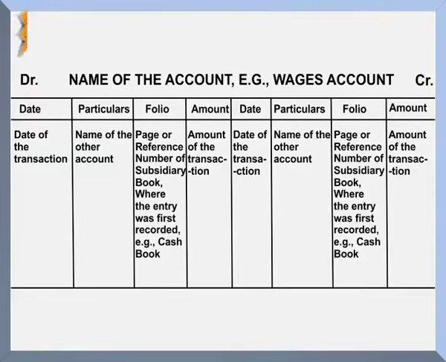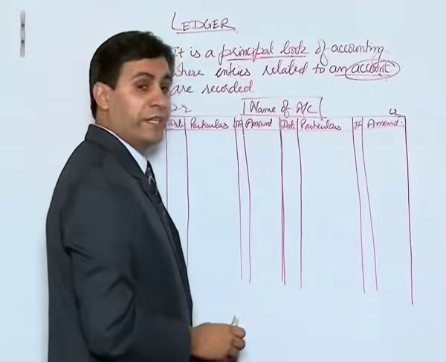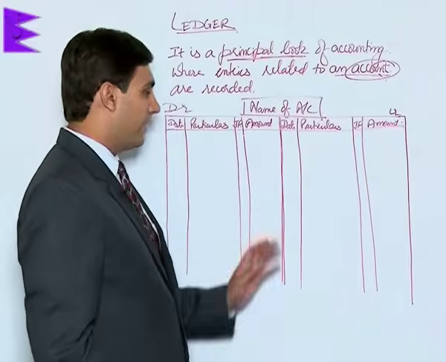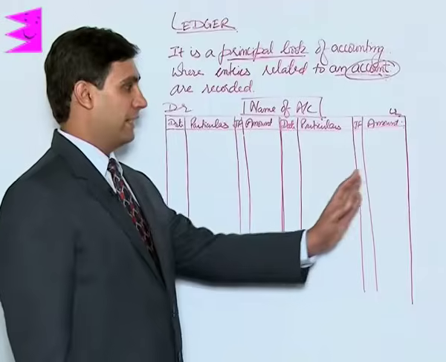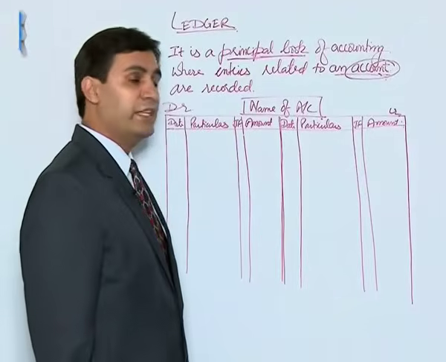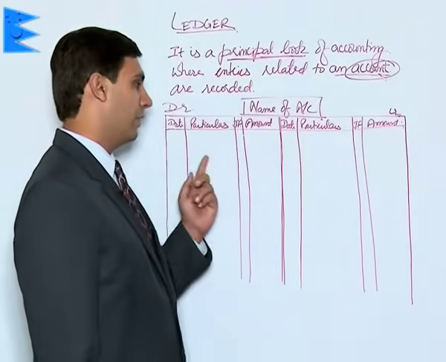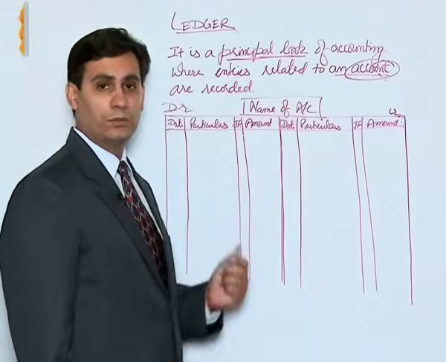And it must be titled, that is, the name of the account should be written at the top. Just to reiterate students, a ledger is divided from the center into two parts. The left hand side is the debit side and the right hand side is the credit side. Each side has four columns: date, particulars, journal folio and amount.